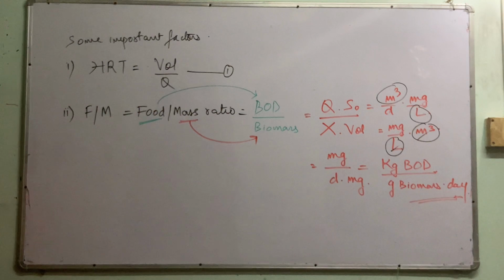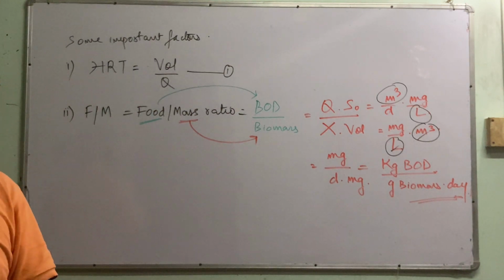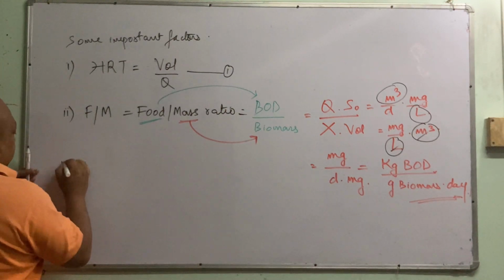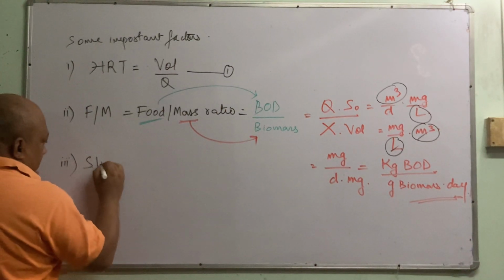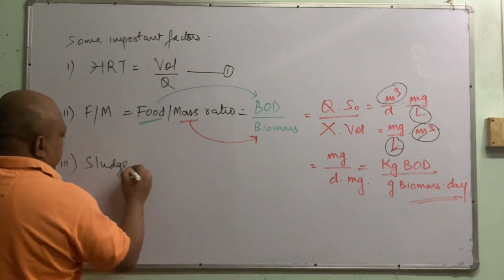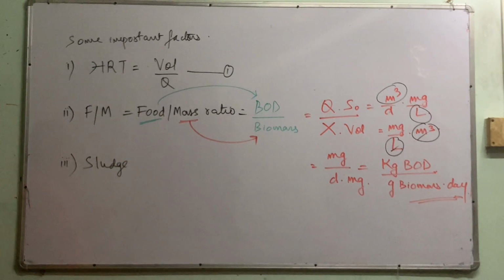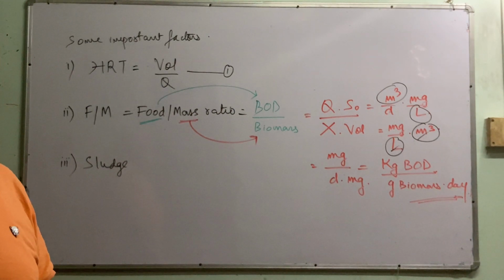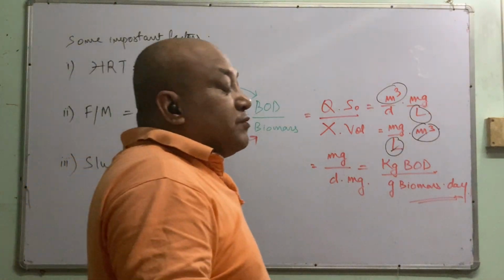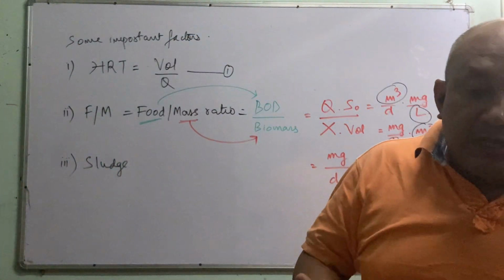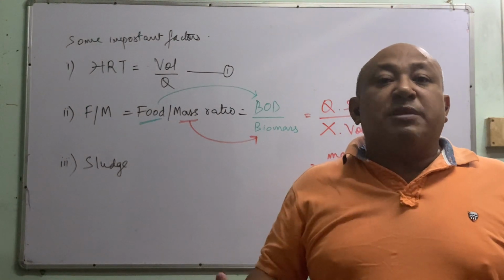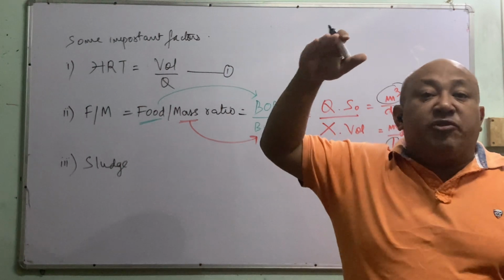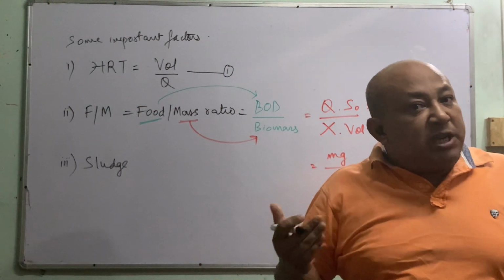Is that okay? Fine. Another important parameter is the sludge. You may ask me, sir, for the sludge, you are going to remove the sludge from the bottom. For how long are you going to keep the sludge over there? If you don't remove the sludge, the volume of the sludge will keep on increasing, and the effective volume of the reactor will decrease. Therefore, you have to remove the sludge.